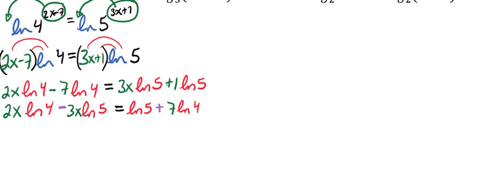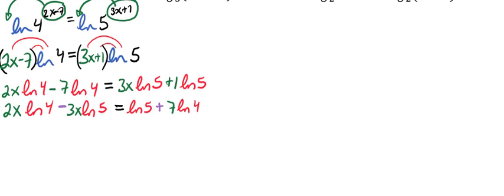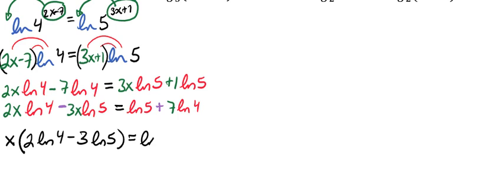All right, from here, let's give ourselves a little bit more room. I see that I've got a 2x and a 3x on each piece, so really what they have in common is an x. I'm going to take the x out, and that's going to leave me with 2 times the natural log of 4 minus 3 times the natural log of 5. Over here, I still have my natural log of 5 plus 7 times the natural log of 4.